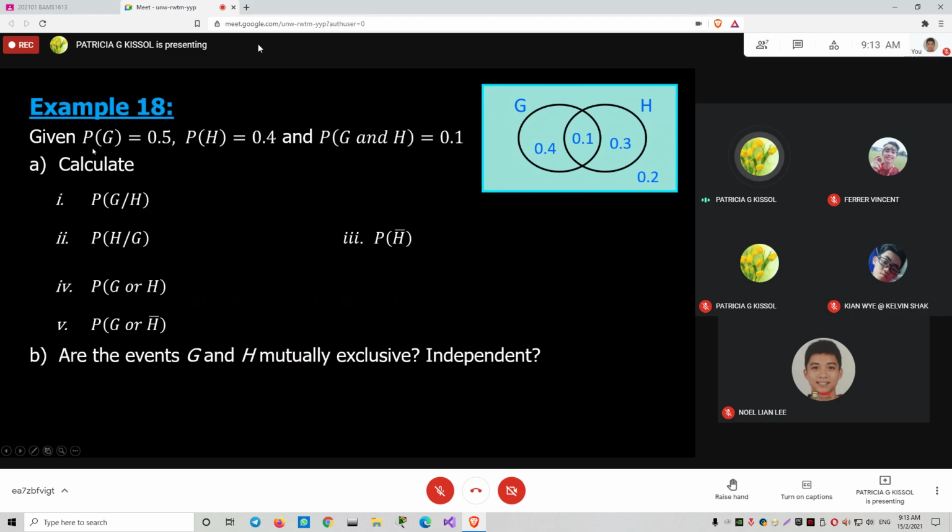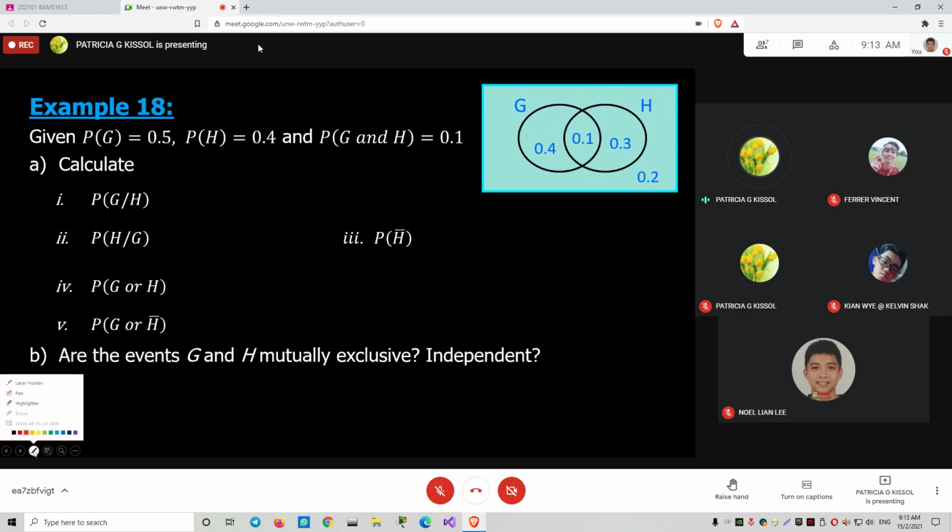So there's a few pieces of information provided to us. Probability of G is equal to 0.5. Probability of H is equal to 0.4, and probability of G and H is equal to 0.1. That is portrayed in this Venn diagram, as you can see.